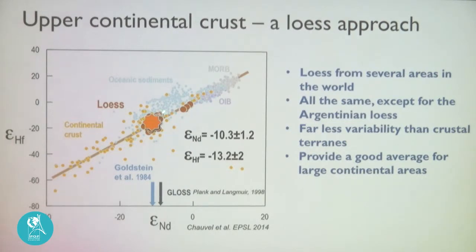So we think that such an average is probably representative of the upper continental crust, and then we can provide an average value for neodymium and an average value for hafnium.